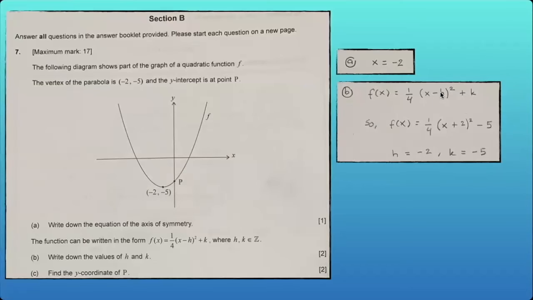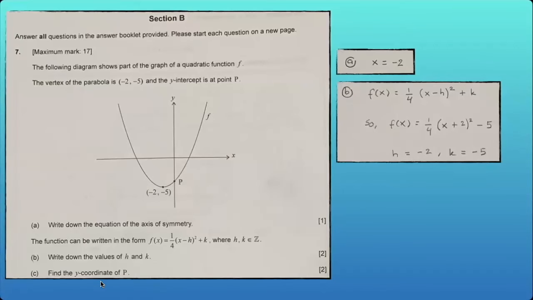H refers to the horizontal displacement, in this case 2 units to the left, and K refers to vertical translation, in this case 5 units downward. So here is the expression where h is equal to -2 because the parabola moved to the left, and k is equal to -5 because the parabola moved downward.